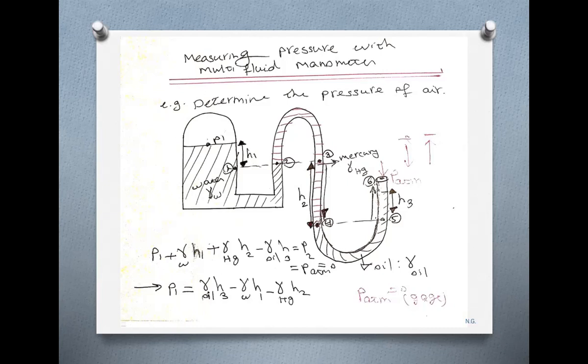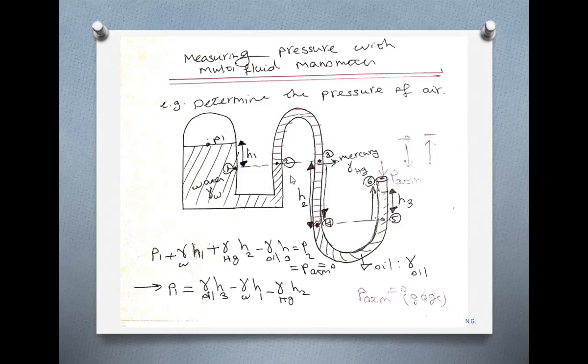So as your friend just explained, we start from point 1 and try to reach the other end through this U-tube. So pressure here is P1, and then you go down by H1, that is through water. So pressure increases as you go down by H1 gamma of the water.